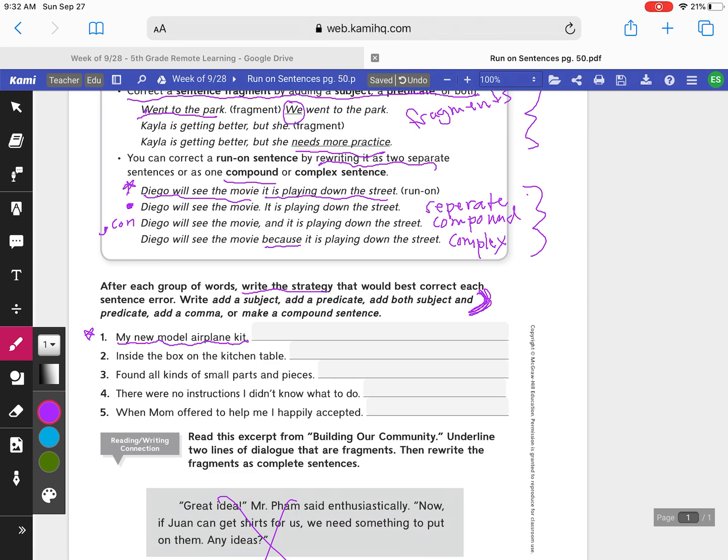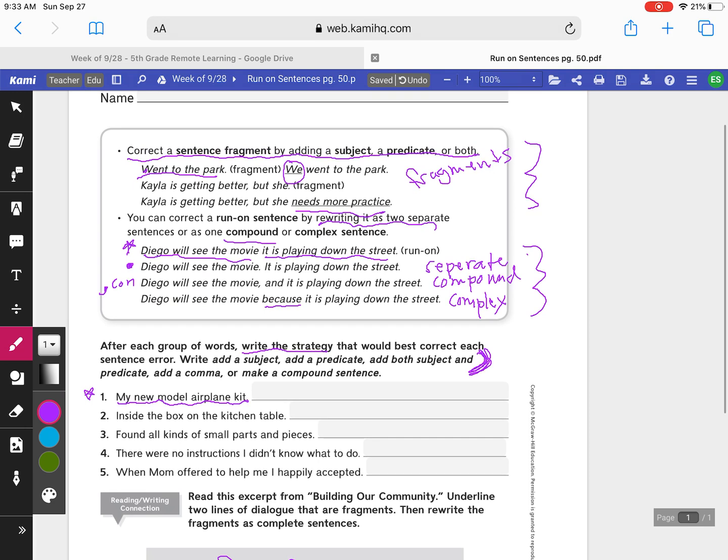It doesn't tell us what about the new model airplane kit. So when you're seeing that it doesn't make sense and you've got a fragment, that's what it's called, a fragment, because we don't have a predicate, I know that I'm going to be working with the stuff up here. So it says I need to add the predicate, right? So that's like this one over here.